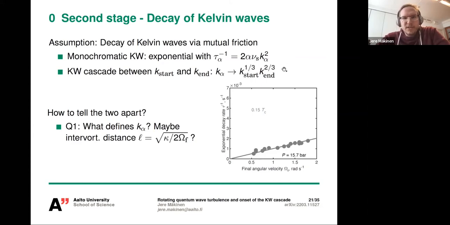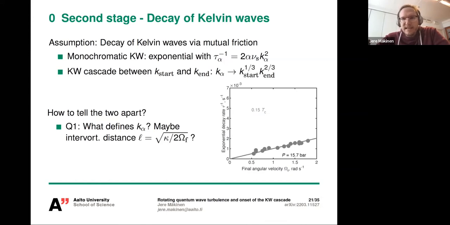Now, one can also show that if you have a cascade of Kelvin waves between some starting wave vector and some final wave vector, you essentially end up getting the same result, but with this k alpha replaced by k star to the 1/3 power times k_n to the 2/3 power. Okay, so essentially this decay process looks the same.